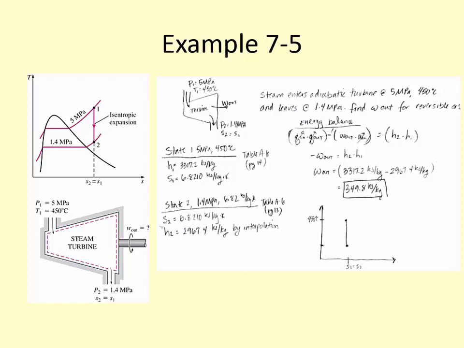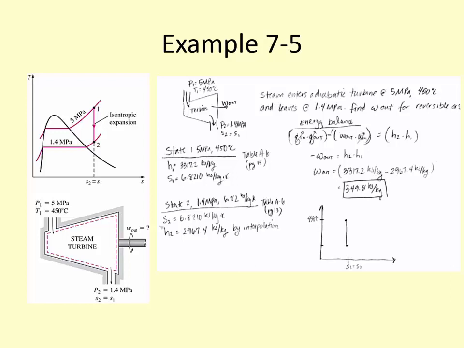So we can say, it doesn't matter which one we do, we'll call these A and B. S2 minus SA over SB minus SA is equal to H2 minus HA over HB minus HA, and we're solving for H2.